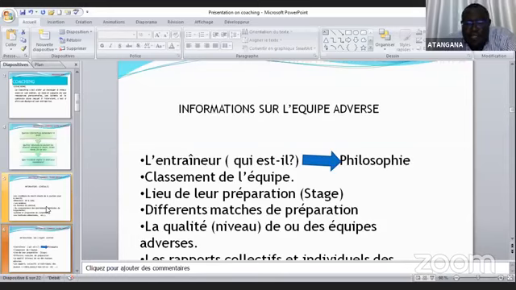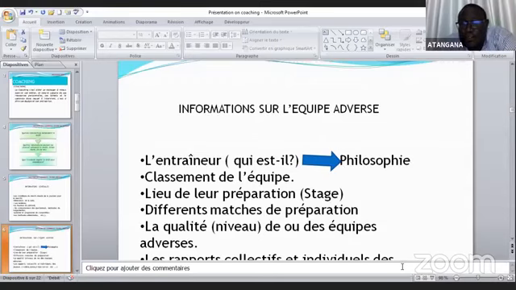After that, we have to take into consideration information coming from the opponent team. And here, the most important thing for me is to know the philosophy of the team. If you know who is the trainer of the opponent team, you can easily know the philosophy of the team.